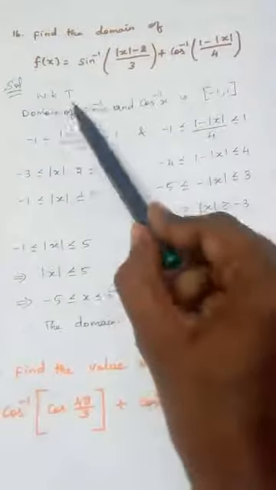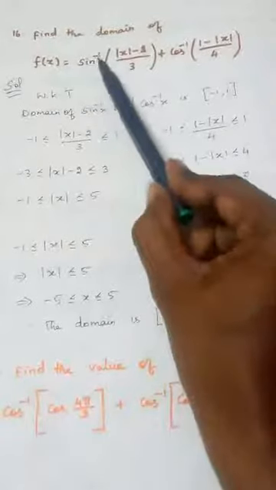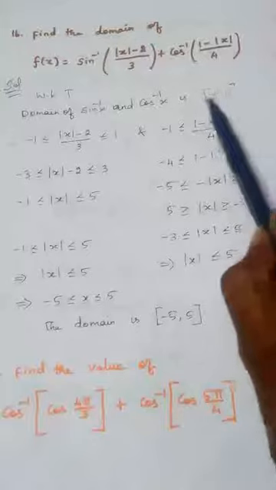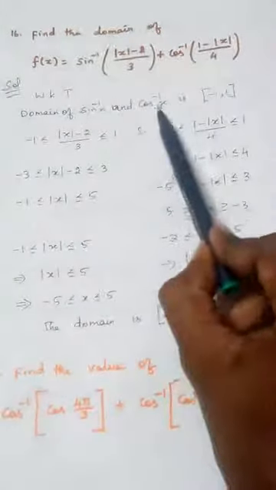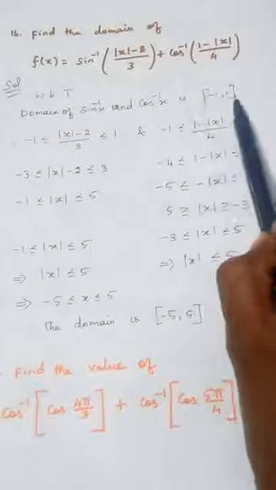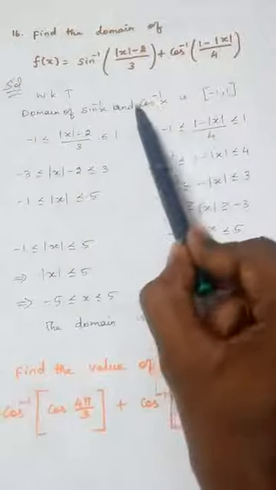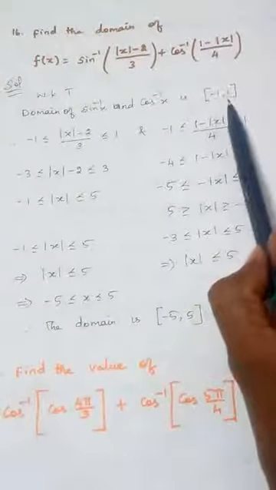So we know very well already, since sine inverse is present here, the domain of sine inverse x is the closed interval minus 1 to 1. Also we know the domain of cos inverse x is the same, minus 1 to plus 1. That is why we are writing the domain of sine inverse x and cos inverse x is the closed interval minus 1 to plus 1.